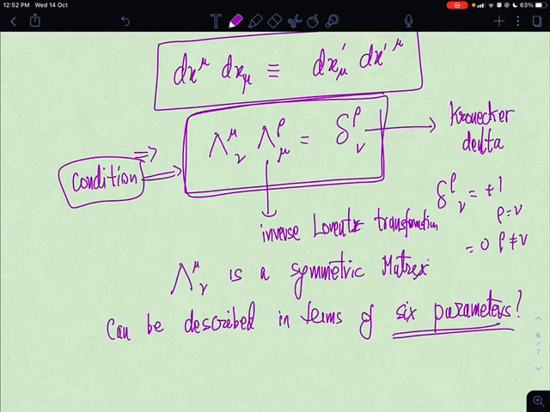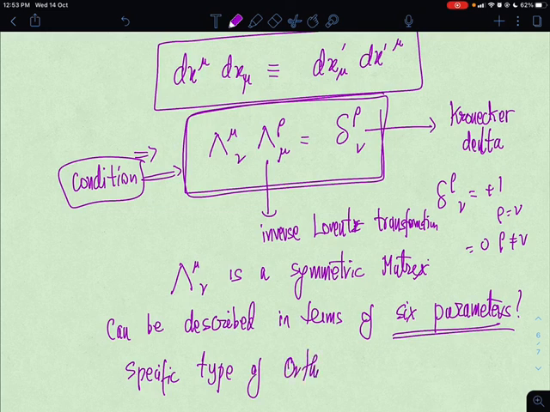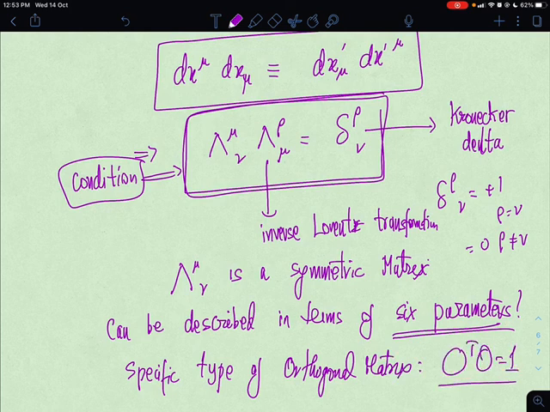It is a specific kind of orthogonal matrix. Orthogonal matrix means O transpose O is equal to 1.